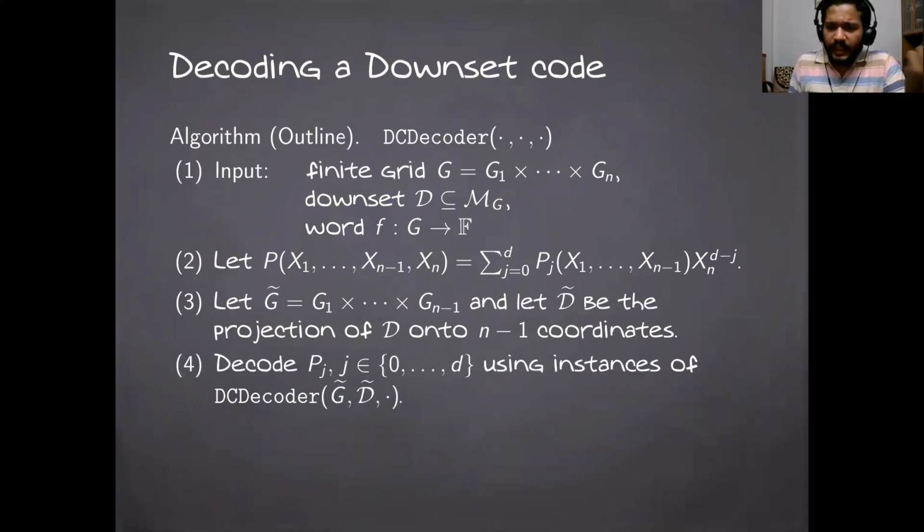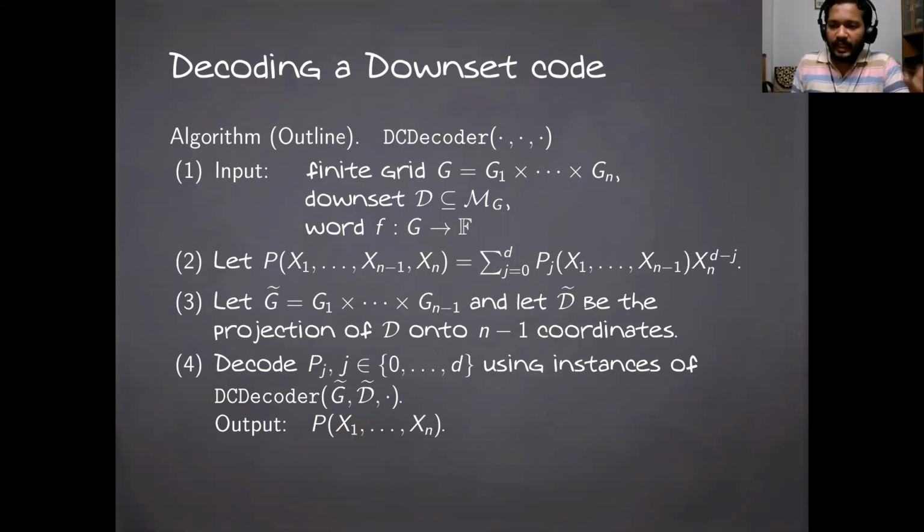Then what we do is we decode these coefficient polynomials one by one using several instances of the downset decoder on n minus 1 variables, which is guaranteed to us by the inductive hypothesis. So we use several calls to this smaller downset decoder, decode all of these coefficient polynomials, and then put them together and obtain the original polynomial.